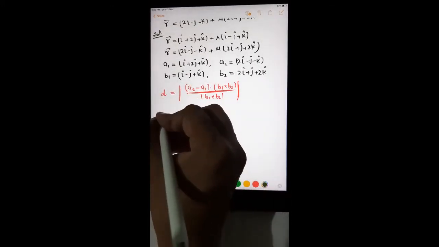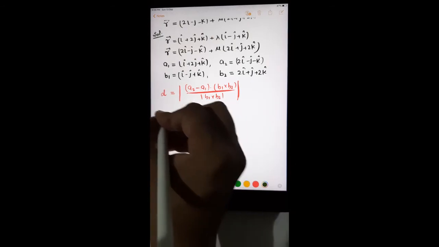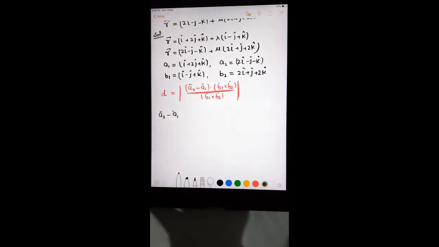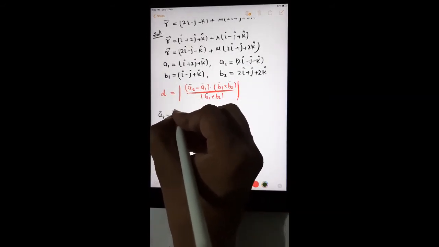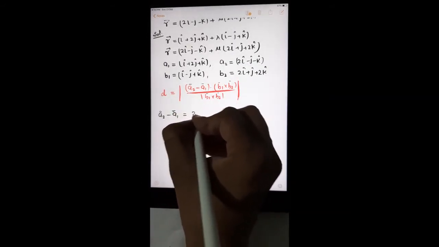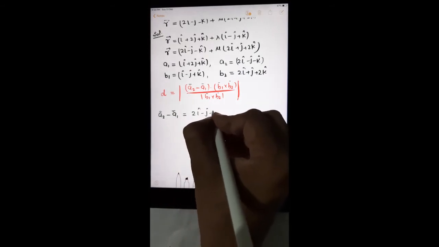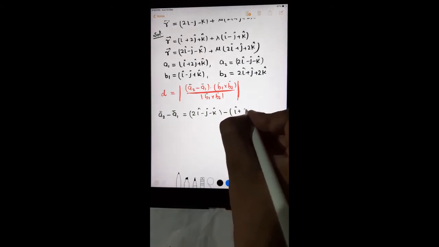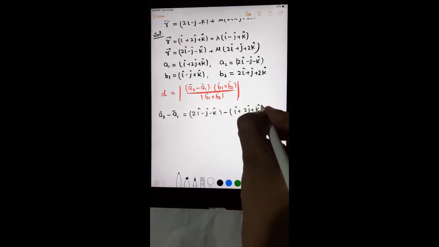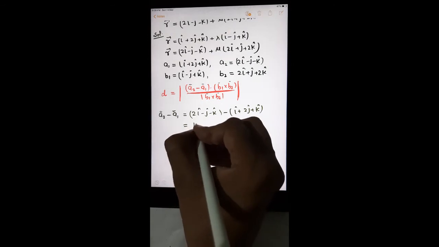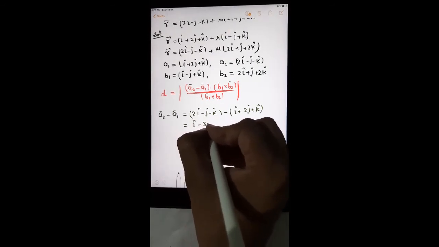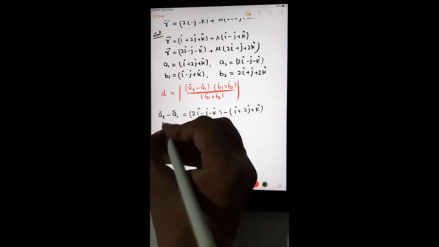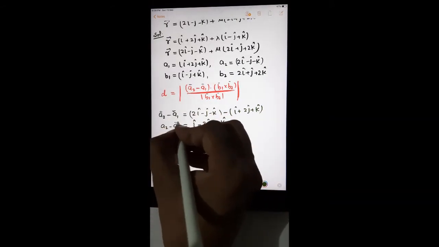First find A2 minus A1. That is 2i minus j minus k minus i plus 2j plus k. On subtraction we get i minus 3j minus 2k. This is the value of A2 minus A1.